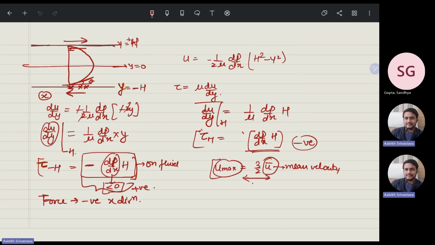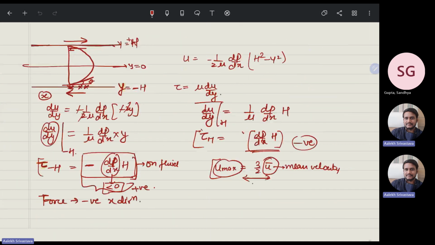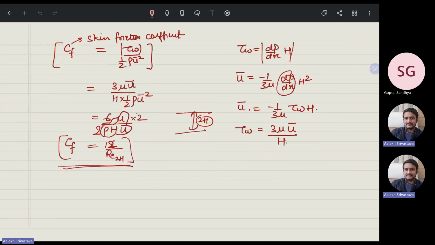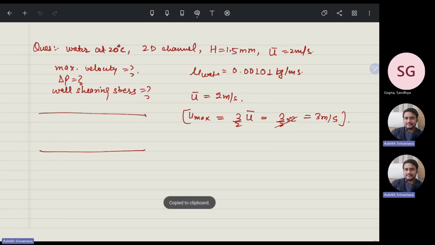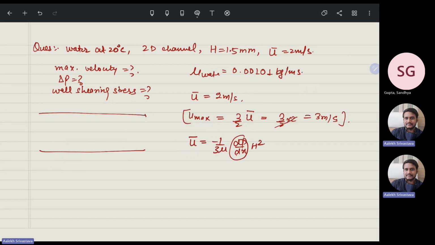Second thing is, if you simply put this equation, u bar is equal to minus 1 by 3 mu dp by dx into h square.